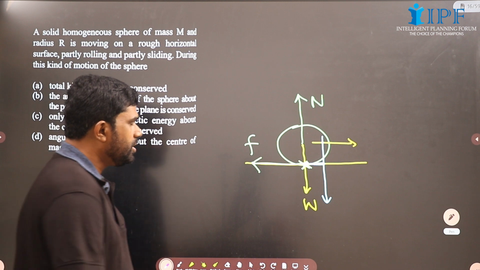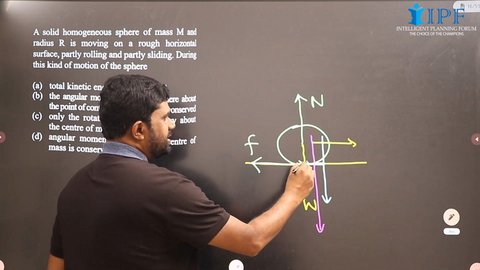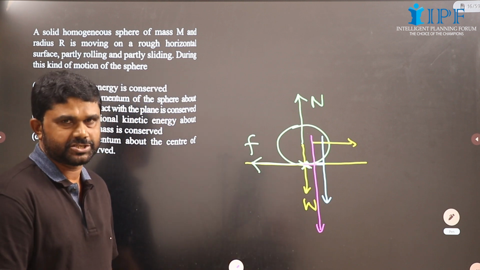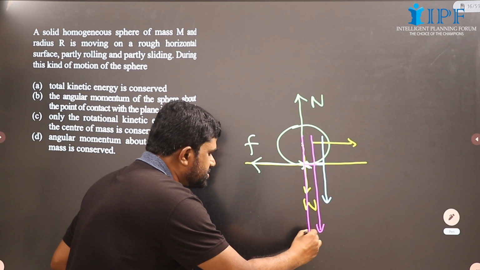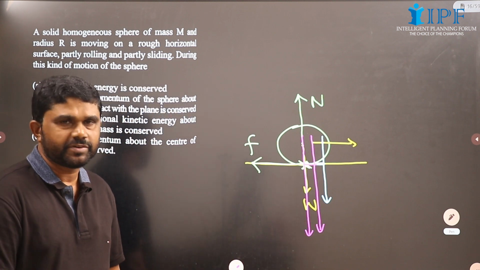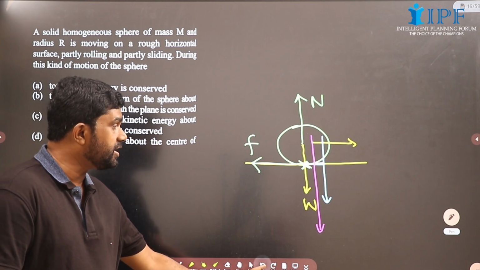Now if the weight is acting like this, then the perpendicular distance will be this much. But here the weight is acting like this, so the perpendicular distance will be 0. No torque due to the weight.